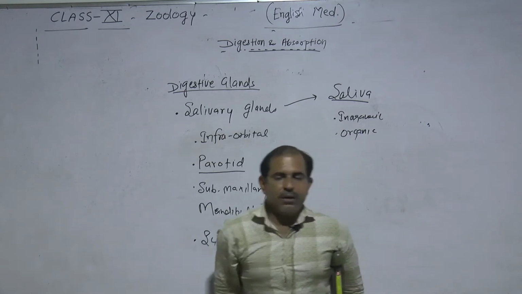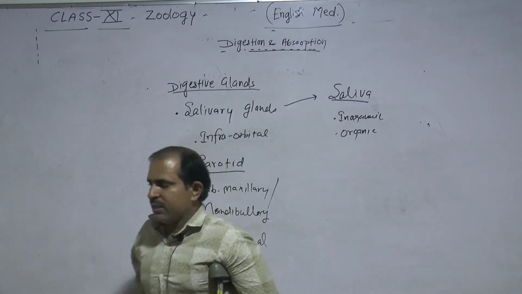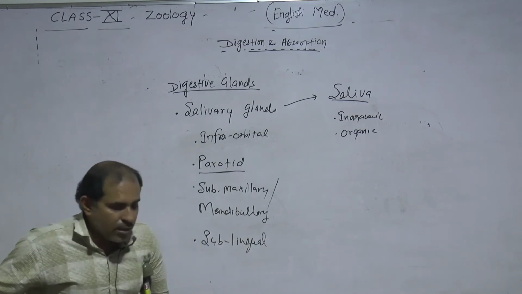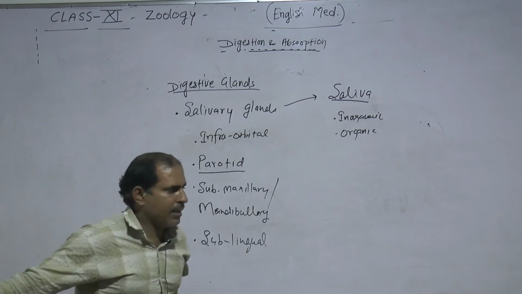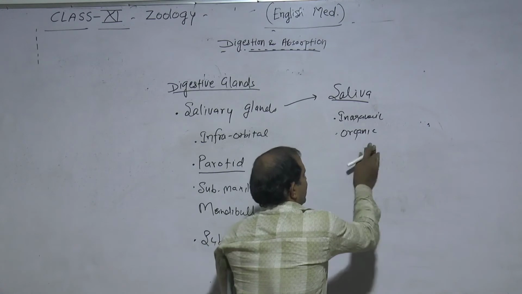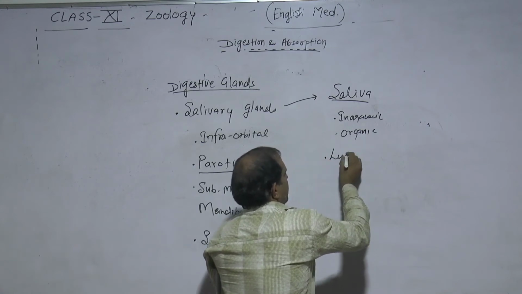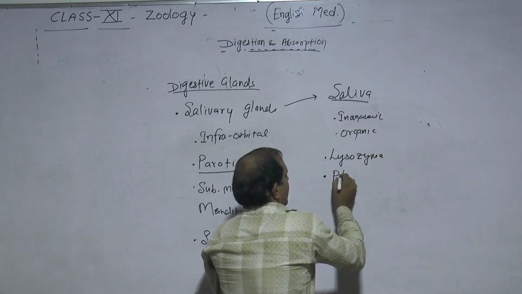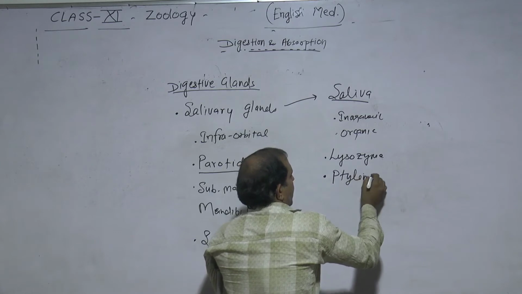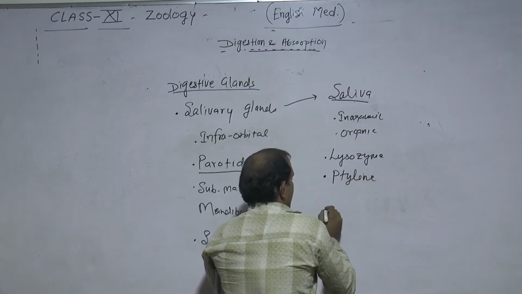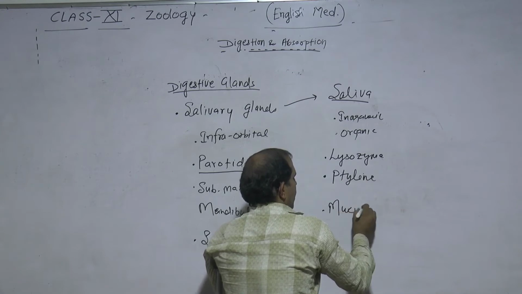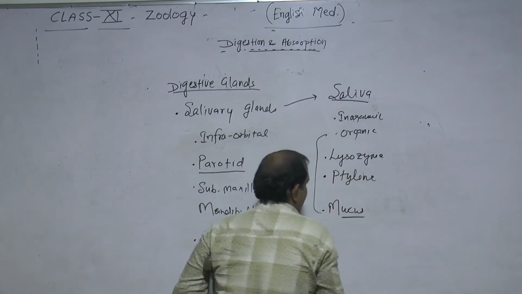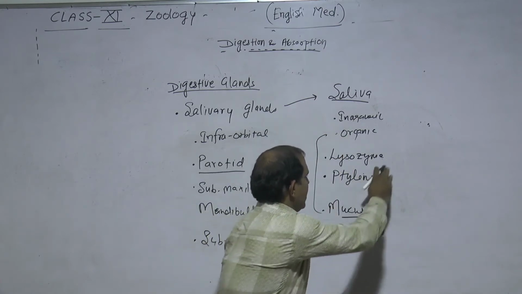In the inorganic part, different types of ions such as sodium, chloride, bicarbonates, etc. are present, whereas in the organic part there are 2 enzymes, lysozyme and ptyalin, and mucus is also present in saliva. These are the organic part of saliva, including the 2 enzymes lysozyme and ptyalin.